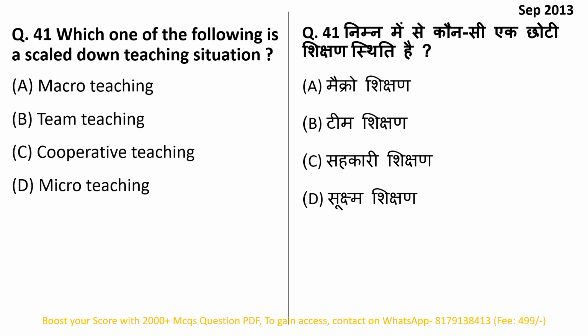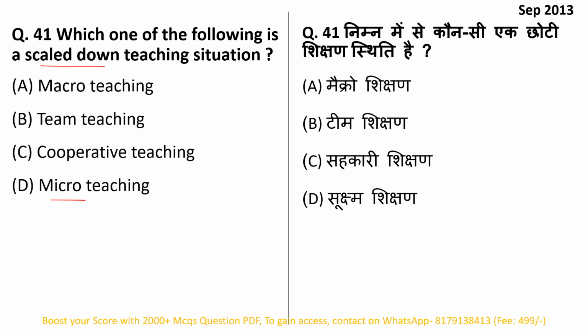Which of the following is a scaled down teaching situation? Micro teaching, team teaching, cooperative teaching, or macro teaching? Macro teaching means the teacher is teaching the overall class. In this method, an instruction is delivered to the entire class at once.